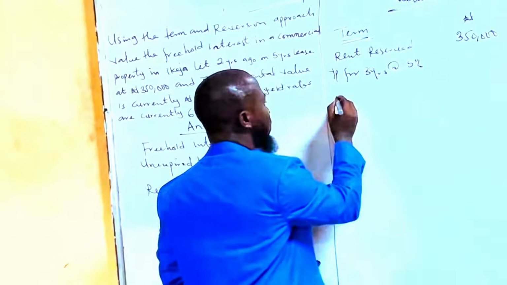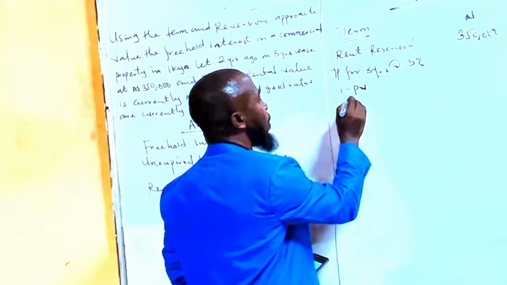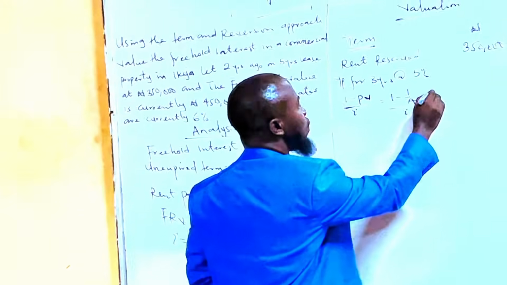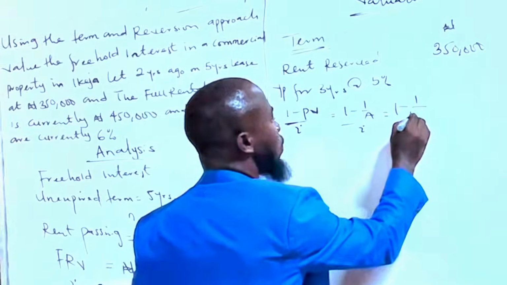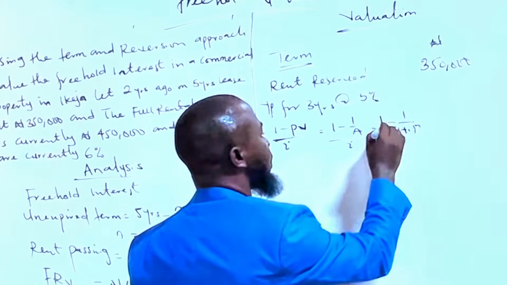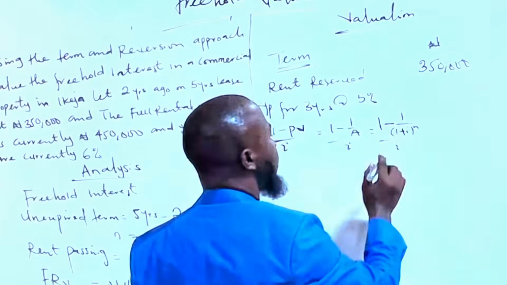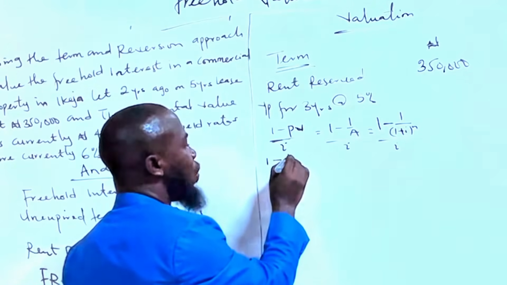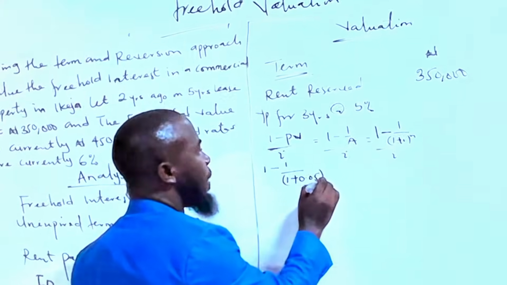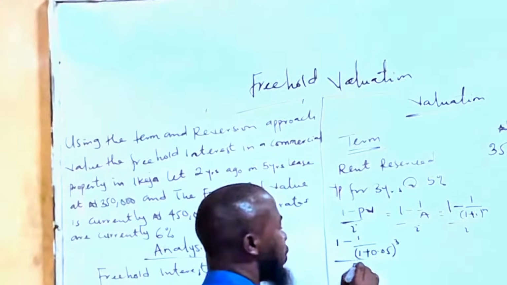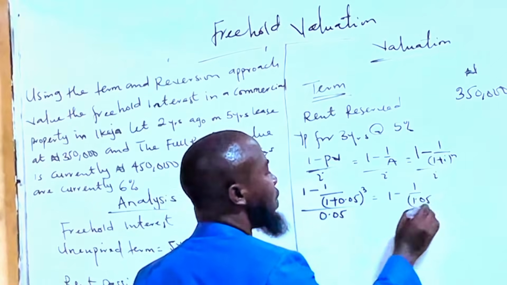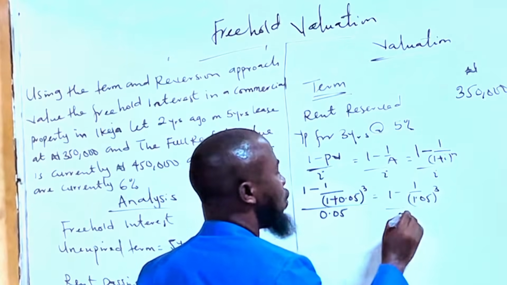To solve this, 1 minus 1 all over 1 plus I raised to power N, all over I. So we have 1 minus 1 all over 1.05 all raised to power 3, all over 0.05.